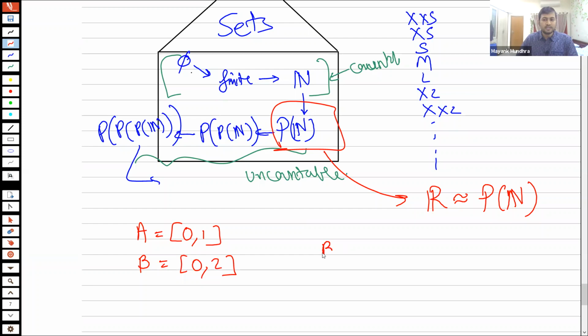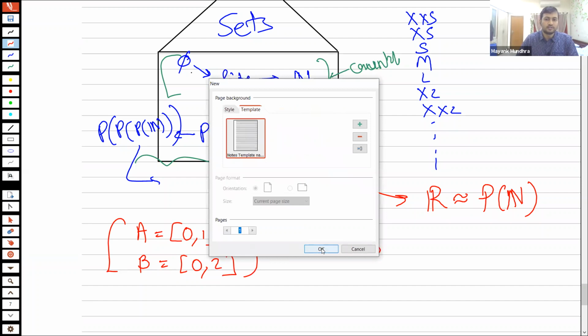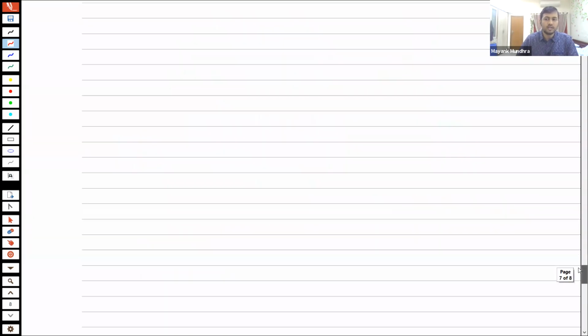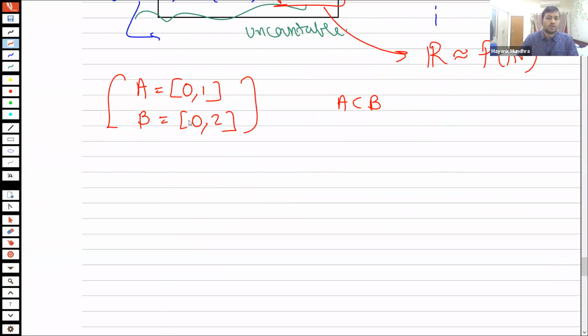Now, obviously B contains A. A is a proper subset of B. But what can you say about the cardinality of these two sets? Can you construct a one-to-one onto mapping from this set to this set? That is the question.